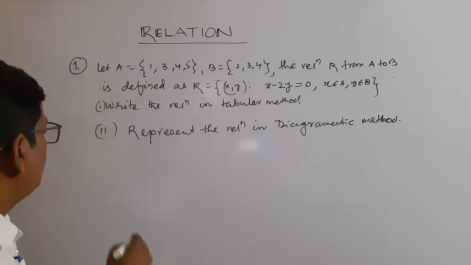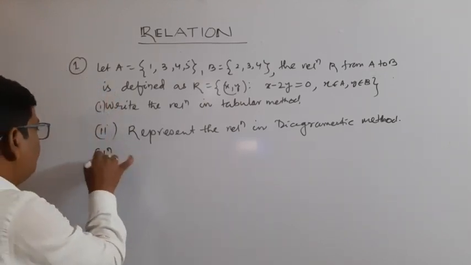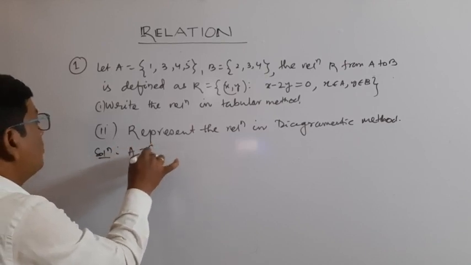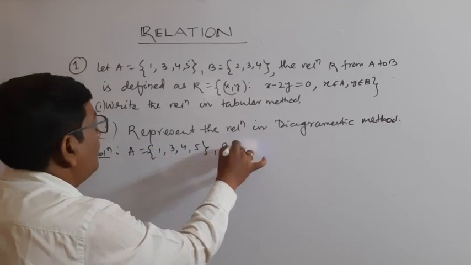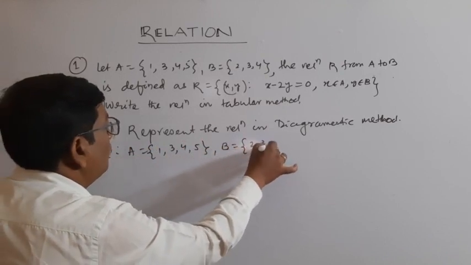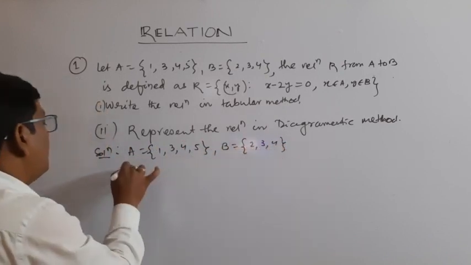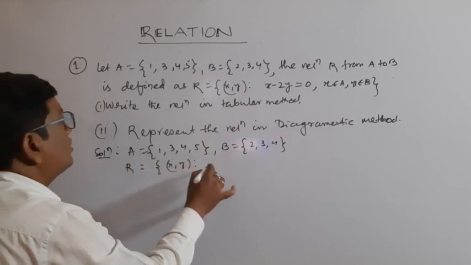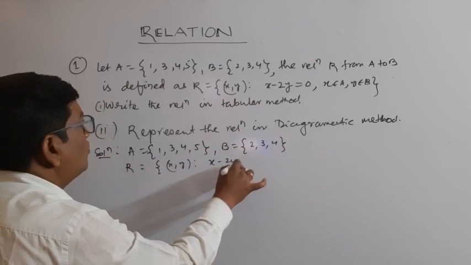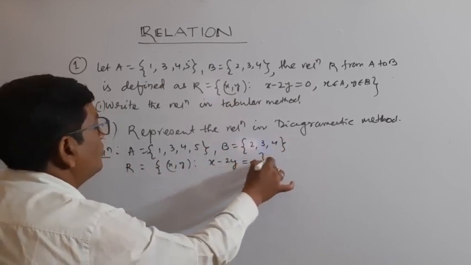So, solution: A is equal to {1, 3, 4, 5}, B is equal to {2, 3, 4}, and R from A to B is {(x, y) such that x minus 2y is equal to 0}.